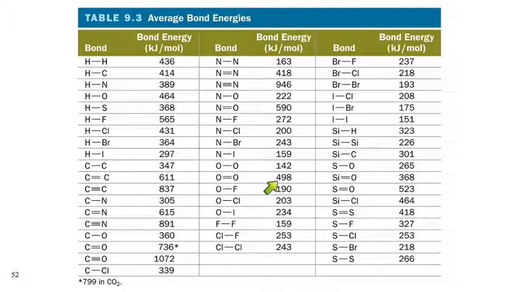So oxygen double bond 498. We had oxygen-hydrogen bonds. Those are under hydrogen, 464. Let's see, we had carbon-hydrogen bonds. That's over here. No, up here. Hydrogen-carbon 414. And we had carbon-oxygen single bond, 360.